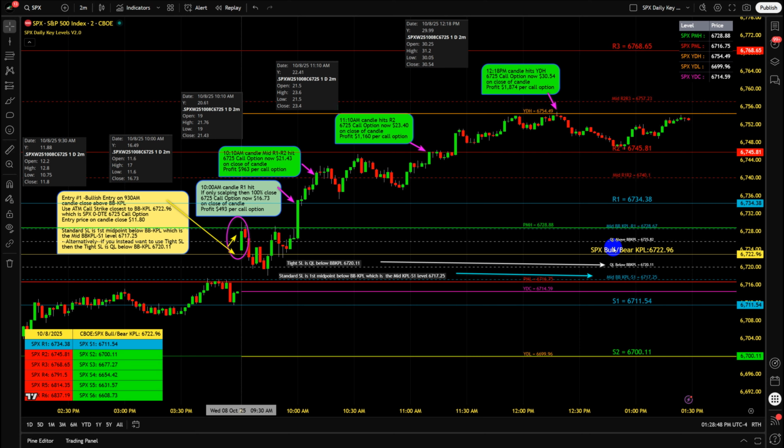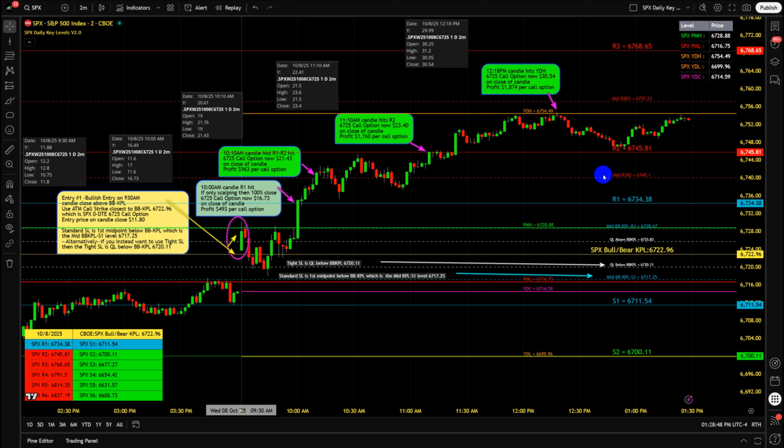The indicator also gives you 6 main levels above the bull bear KPL, R1 through R6, and 6 main levels below the bull bear KPL, S1 through S6. As you can see here, we've zoomed in on R3 down to S2, which also coincides with this other level, which we'll explain in a second.